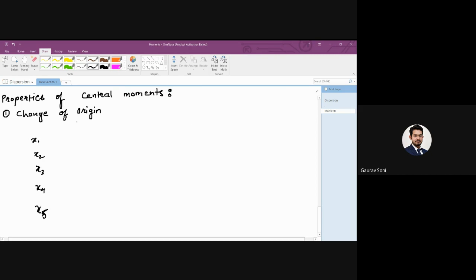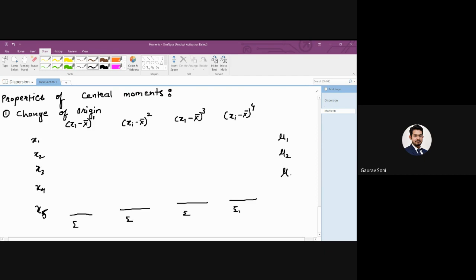I can find x bar and make xi minus x bar raised to 1, the first column, xi minus x bar raised to 2, the second column, xi minus x bar raised to 3, the third column, and xi minus x bar raised to 4, the fourth column. I will add all the entries, so we'll get the summations here, right? And then I'll find mu1, mu2, mu3, and mu4.